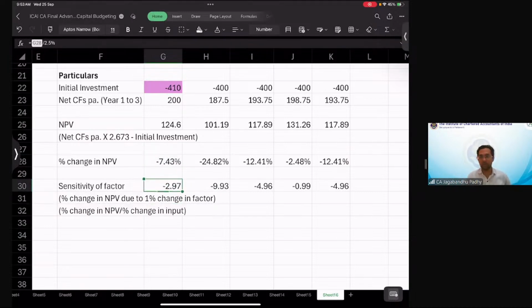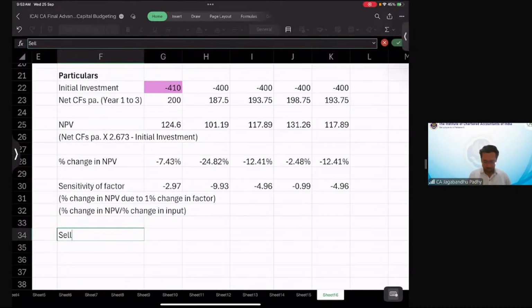So again, which of these variables is most sensitive? You have already stated the answer. The highest is the selling price, right? So we'll say selling price is most sensitive.